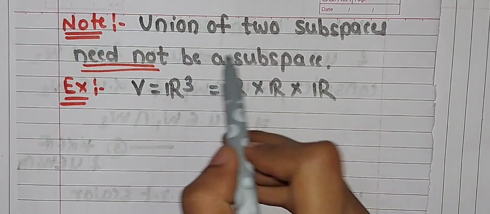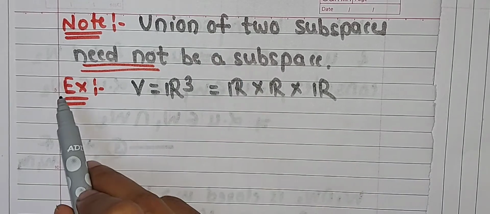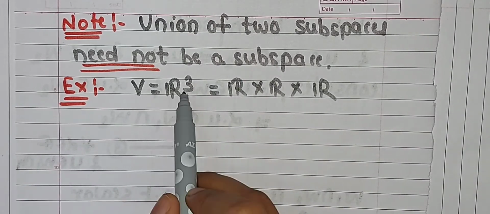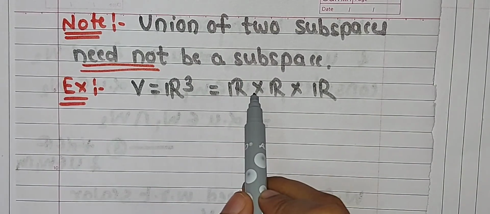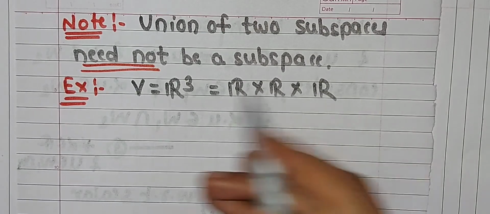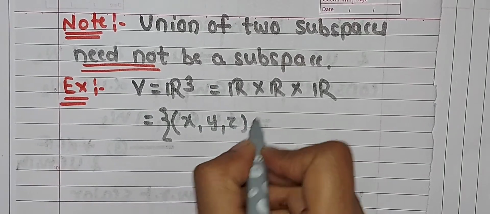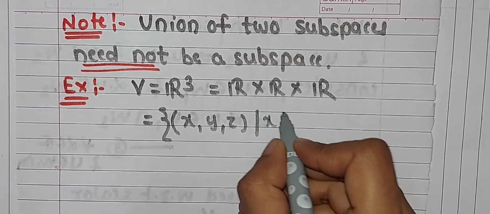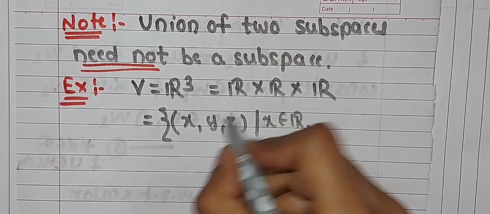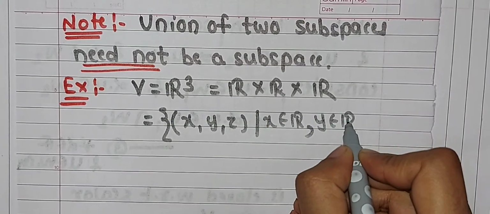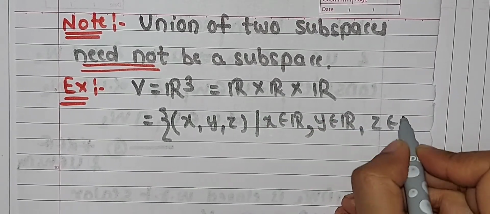Now to check this condition, consider one example: let V, the vector space, be equal to R3, and R3 can also be written as R cross R cross R, that is, (X, Y, Z) such that X belongs to the real numbers, Y belongs to the real numbers and Z belongs to the real numbers.